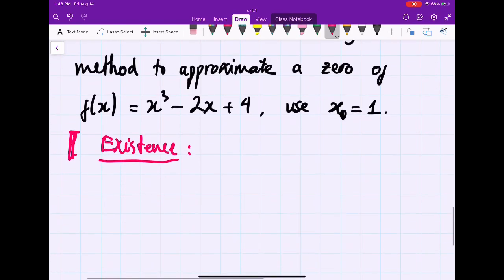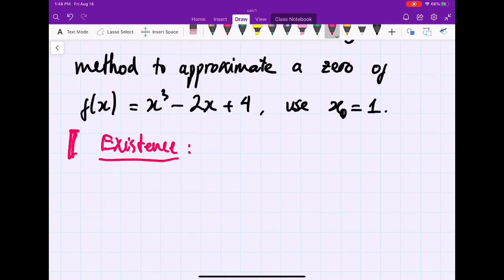In order to use the intermediate value theorem, I need to pick 2 points such that f of the 2 endpoints has a negative product. The easiest point is 0. You pick x equal to 0, then f of 0 is 4, which is positive. Perfect. You need to pick another point such that the function is negative.